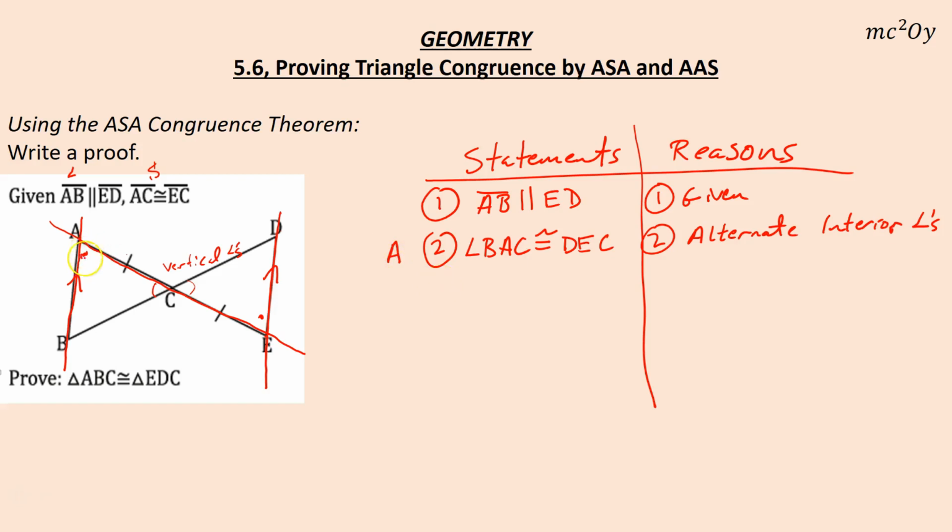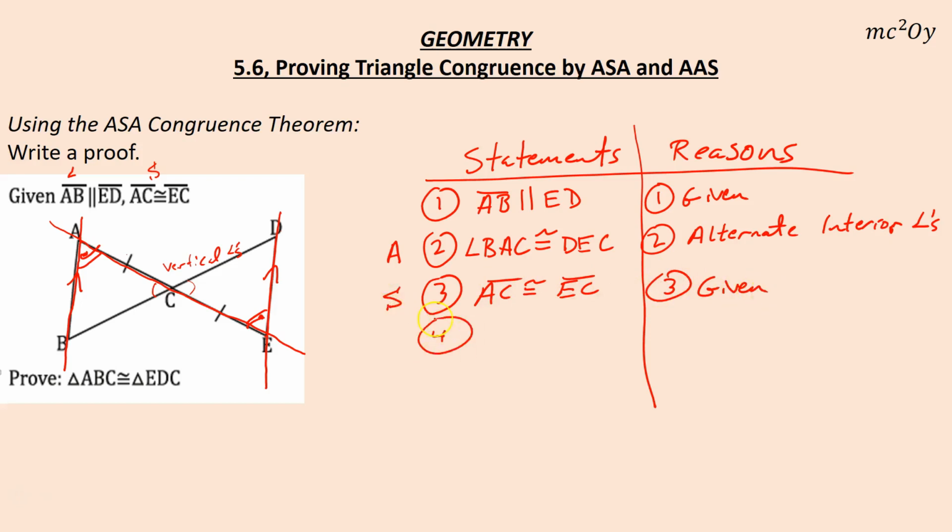All right, so I'm going to go ahead and mark that. I'll use 2 marks. Okay, number 3, I know that AC is congruent to EC. I know that because they give it to me. That's given. And so there's my side.